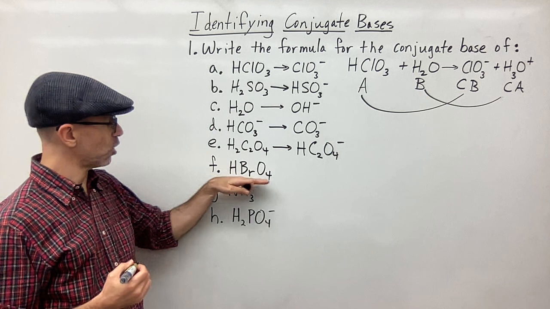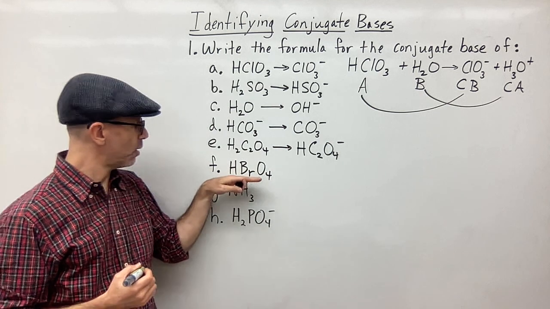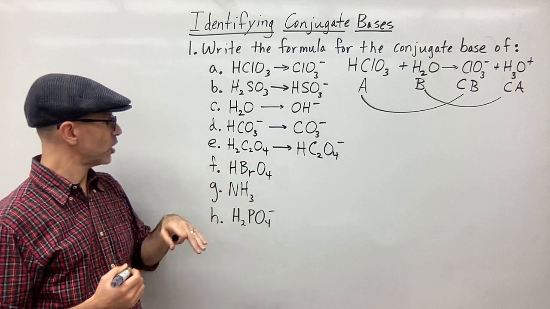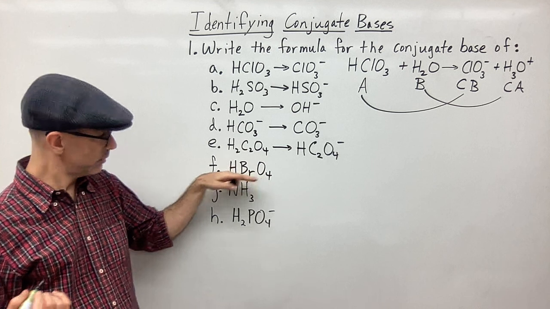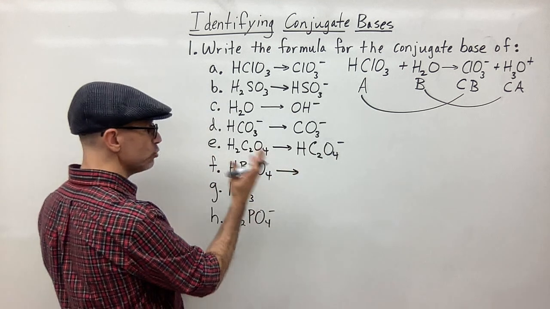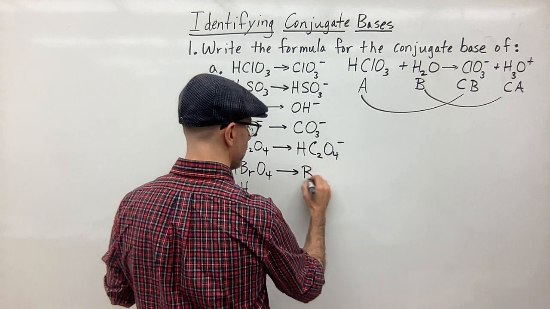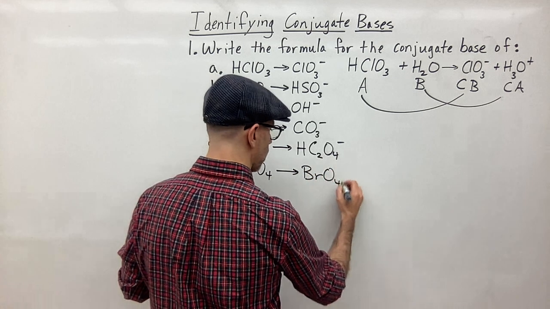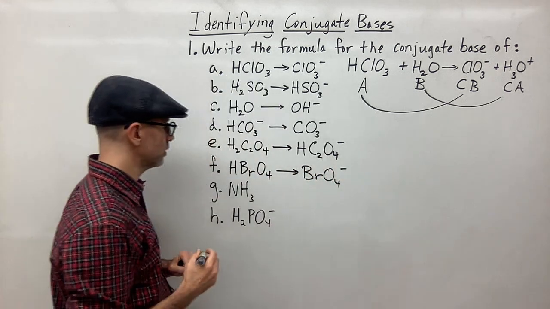Next, we have HBrO4. This would be perbromic acid. In this case, it would lose a hydrogen, and what you're left with is BrO4 minus.